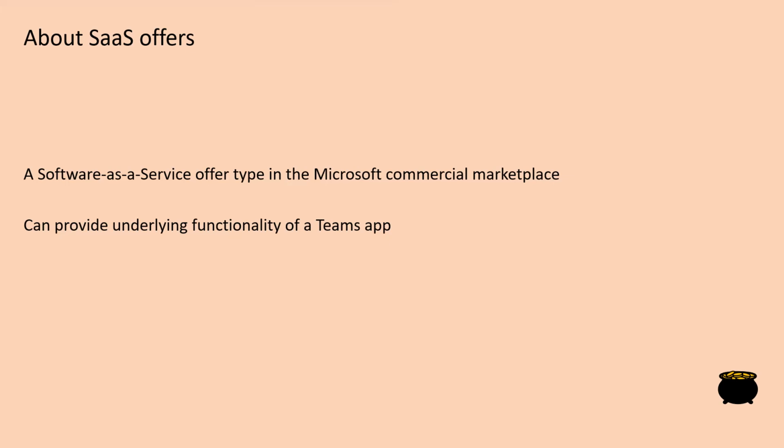So it's a SaaS application that's essentially wrapped by Teams in some way that allows the SaaS application to be exposed as a Teams app. Lastly, the SaaS offer becomes the billing vehicle for your Teams app offer, assuming that your Teams application sits on top of a SaaS application.